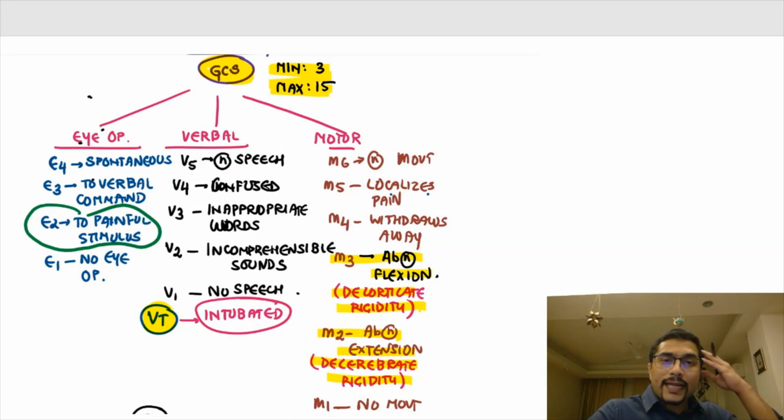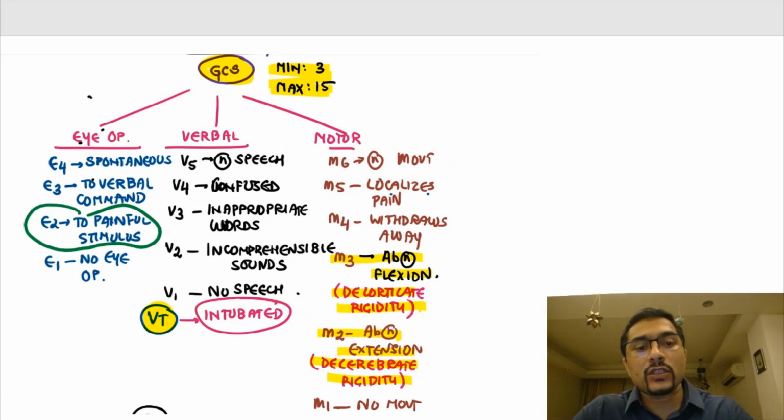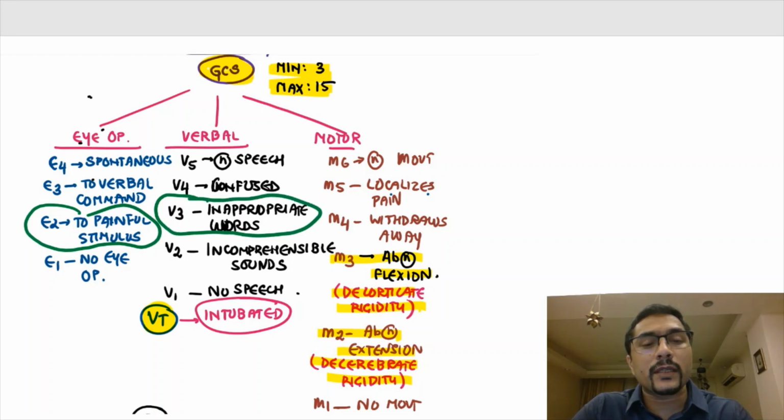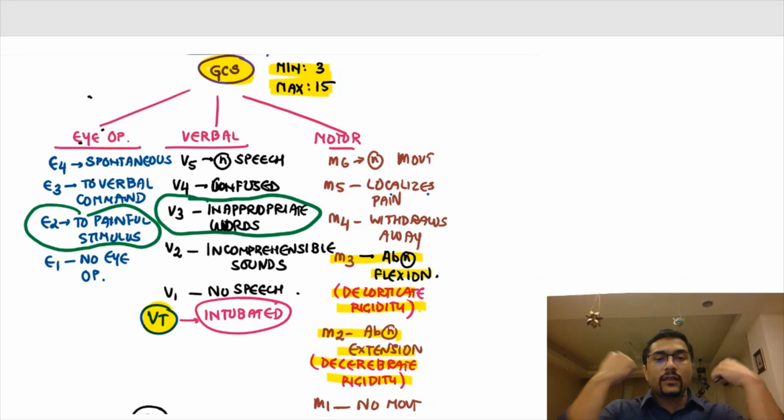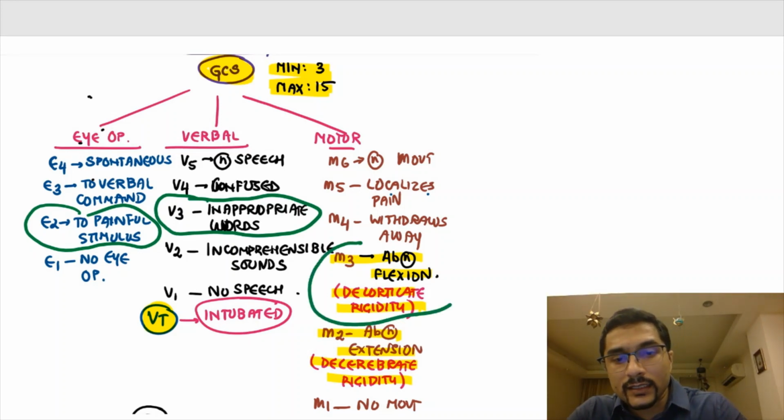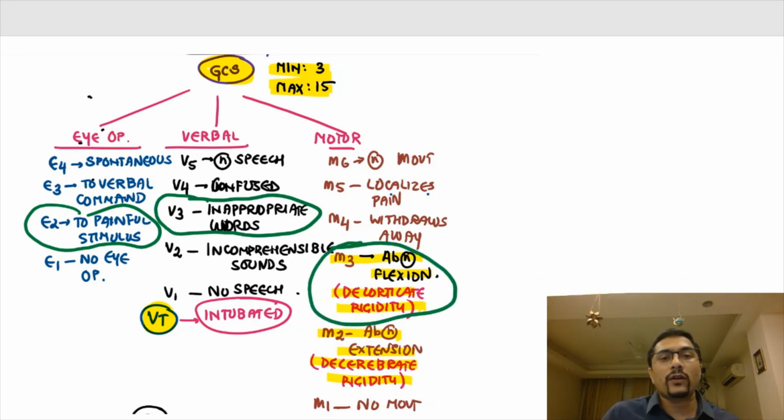So common in head injury patients, common in patients who are under the influence of alcohol. So V3, inappropriate words. And abnormal flexion, that is another 3. This is abnormal flexion or decorticate rigidity. So the score here is 8. You know the minimum GCS score is 3 and the maximum GCS score is 15. So please remember the GCS score.